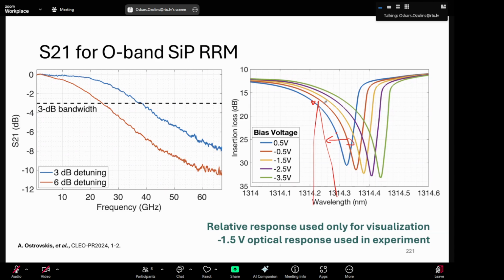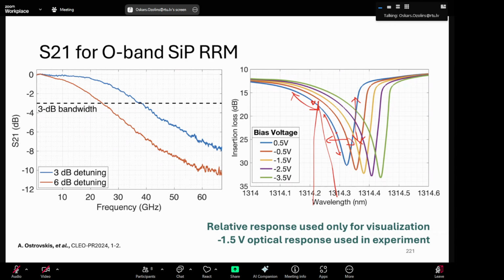The bandwidth in this point will be larger and at 6 dB will be smaller. But if you are at 6 dB, then you will get more extinction ratio on this range, for example, than on this range here when you tune the resonator.